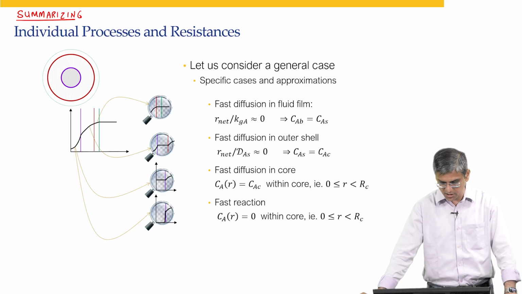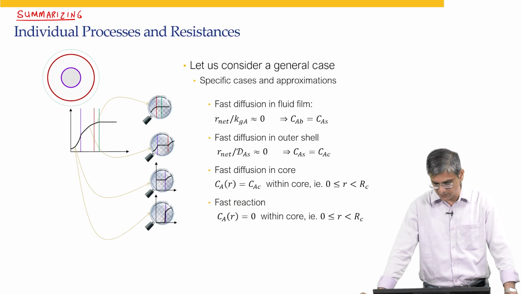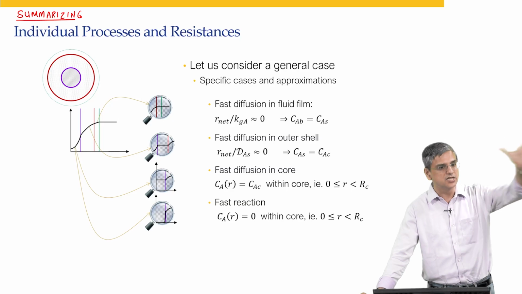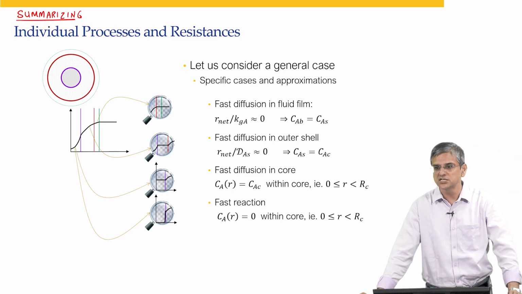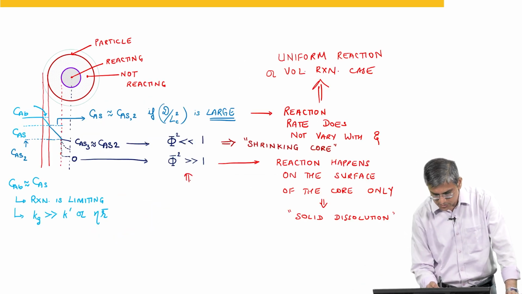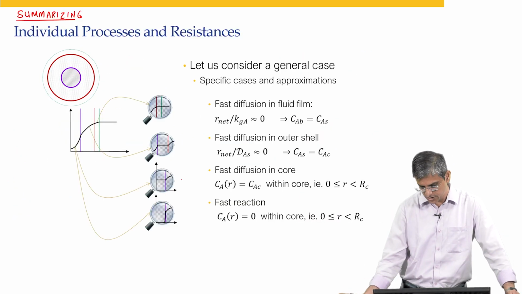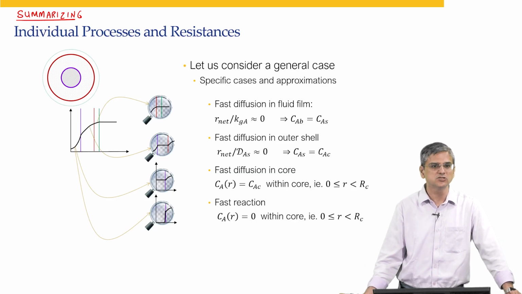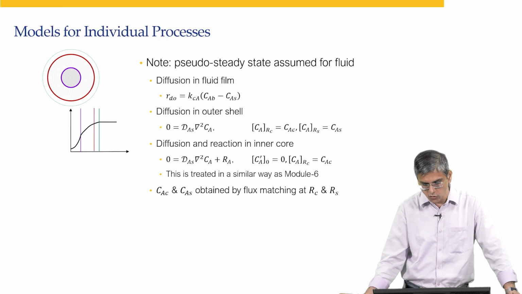Fast diffusion in the core, that is the case when phi square is much less than 1, and therefore concentration within the core does not change at all. Fast reaction case is where the concentration drops immediately to 0.